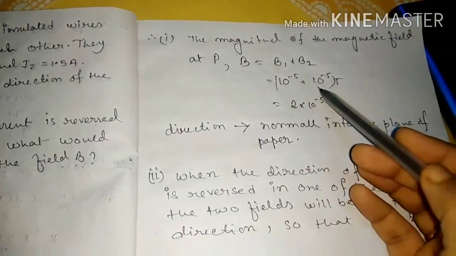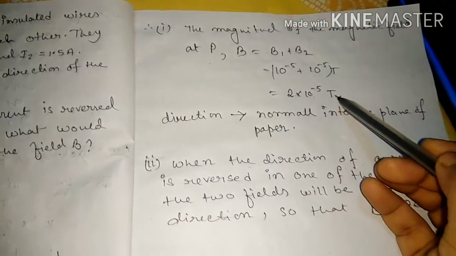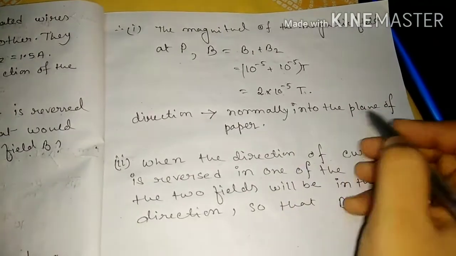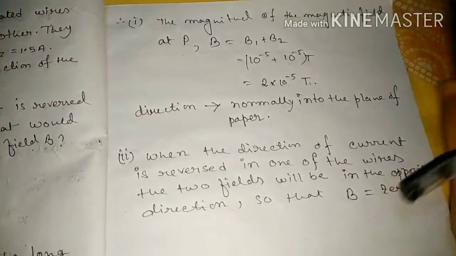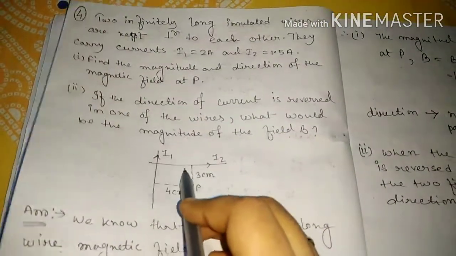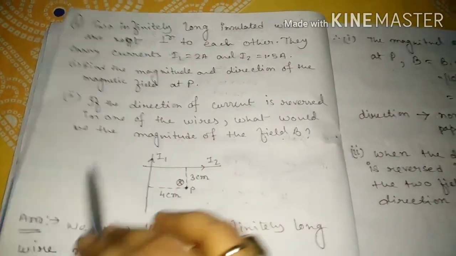So the total magnetic field we add up: 10 to the minus 5 plus 10 to the minus 5, which is 2 into 10 to the minus 5 Tesla, and the direction is into the plane of the paper. Now the second question: if one current is reversed, suppose I2 is reversed and I1 remains. Then at point P the field of I2 is outward.